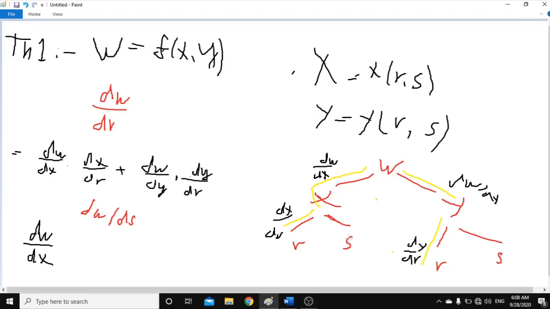Now I want to take the s way, so times dx over ds, and then plus dw over dy, and then times dy over ds. Yeah, and this is it.